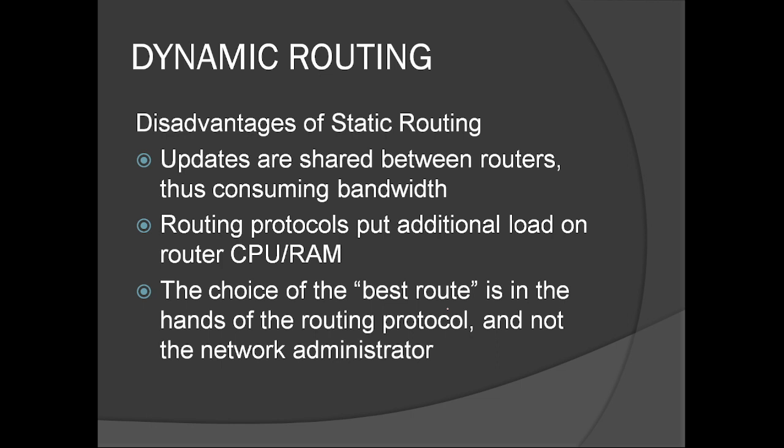Okay, next is the choice of the best route is in the hand of the routing protocol and not the network administrator. So the disadvantage is the best route is selected using the routing protocol. There are different dynamic routing protocol configurations, and the selection of the best path will be based on the protocol na ginamit.